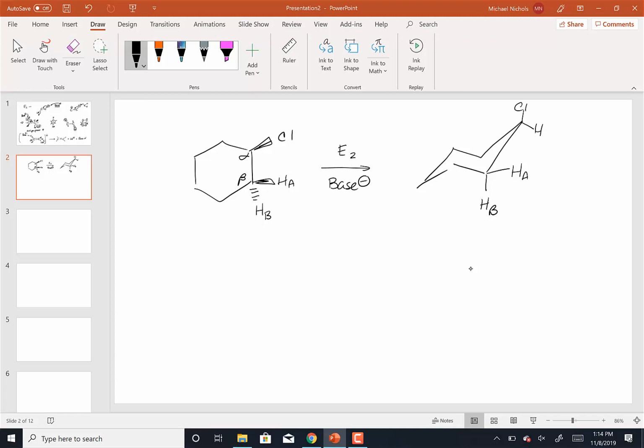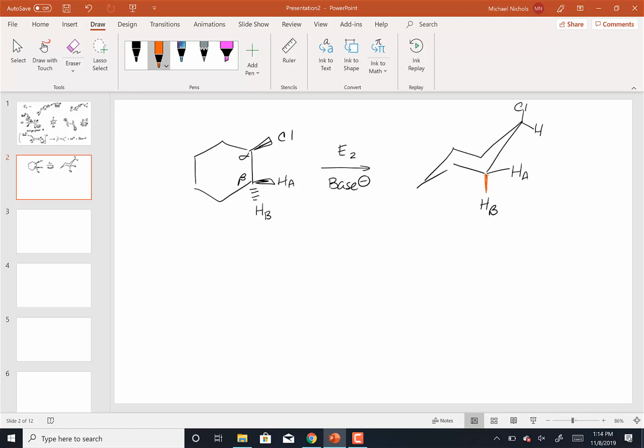Okay. So now if I'm looking at this, which beta hydrogen, HA or HB, is anti-periplanar to the chlorine? HB.